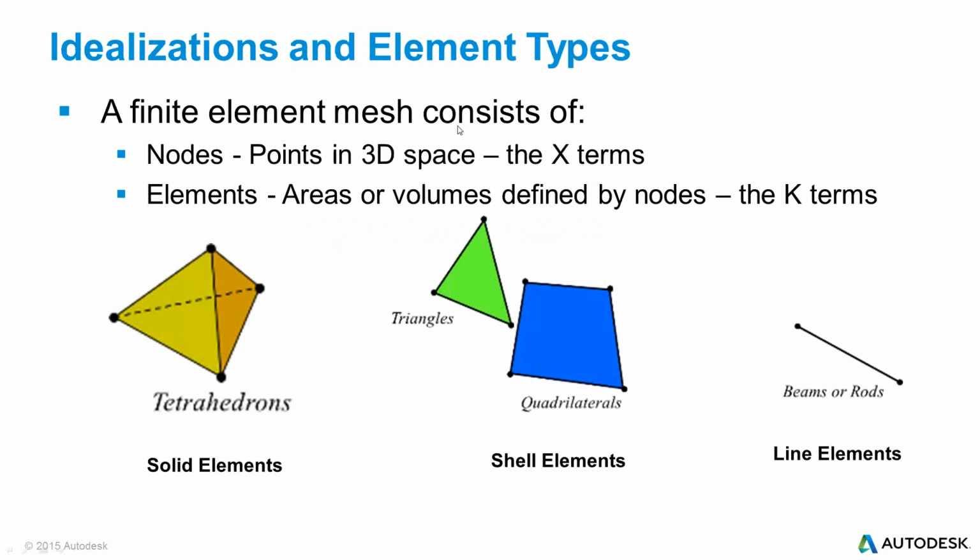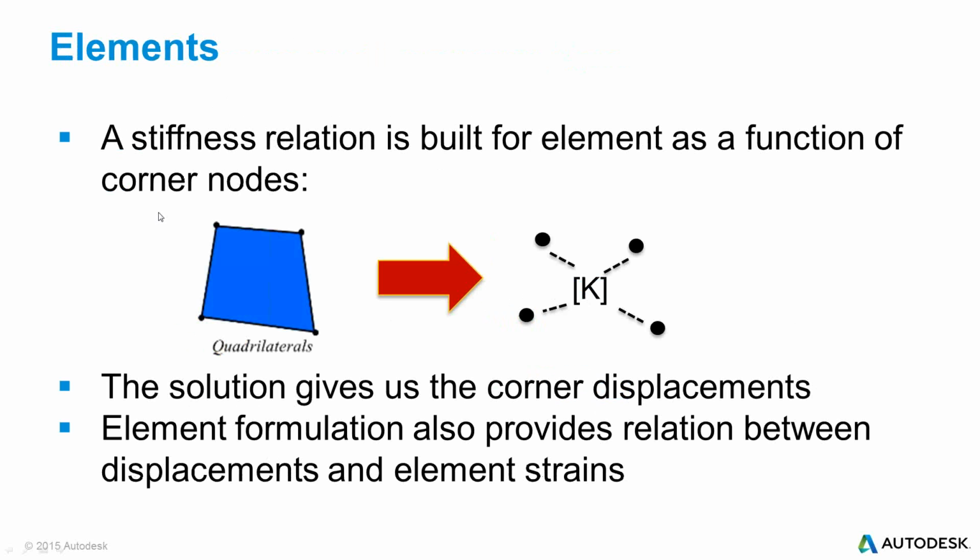The finite element mesh, as I've already mentioned, consists of nodes, which are 3D points in space, and those are the x locations. We don't know where they displace, but we know where they are. The elements themselves are areas or volumes or lines defined by nodes, and those define the stiffness terms for the equation. So how one end of a beam relates to the other end is a stiffness relation, and that's the K term, and it's just more complicated for some of these others.